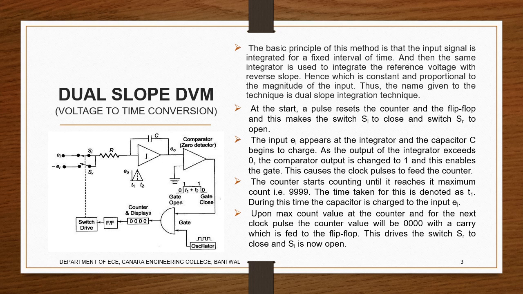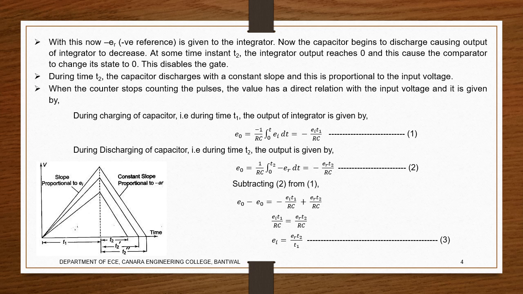Now in the next part, we'll be looking at the equations. But before getting into the equation, you can see it starts from when the gate is enabled, from T1 until the maximum level, and then when it goes from charge to discharge, it comes here. Charging is with respect to the EI voltage and discharging is with respect to the minus ER, the negative reference voltage.